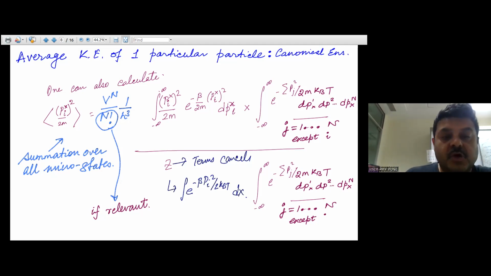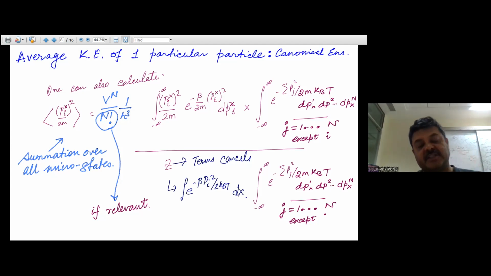This is the actual calculation of the equipartition theorem: for each degree of freedom which is quadratic in the Hamiltonian, like the kinetic energy, it will be shown that the mean energy will be half kBT.